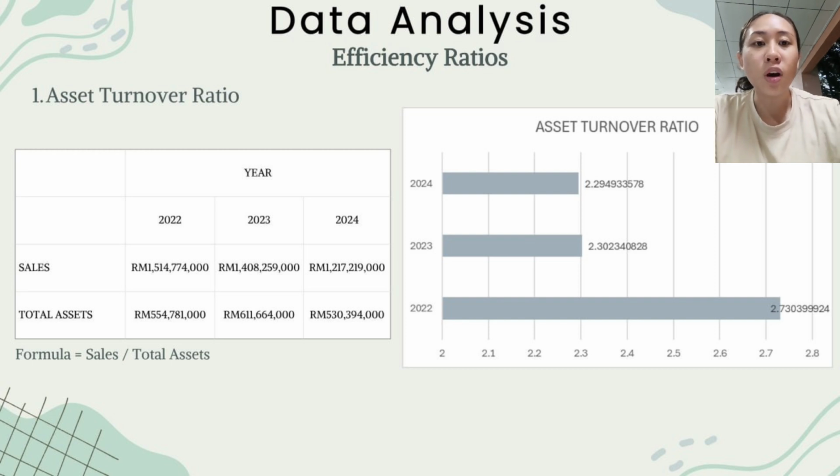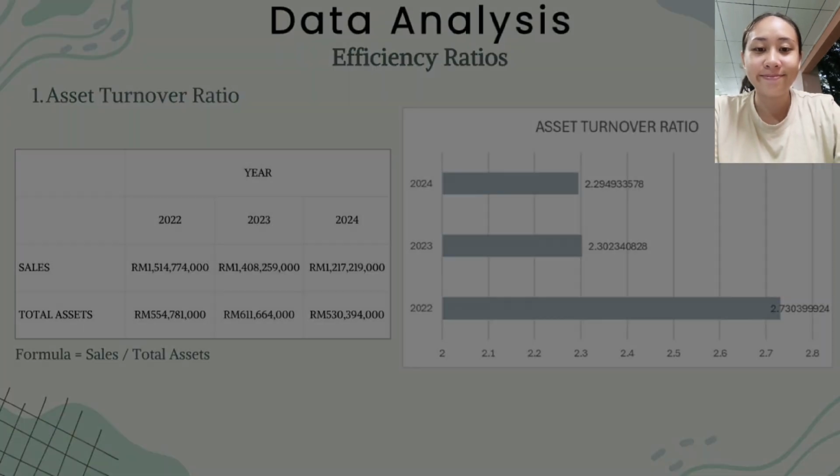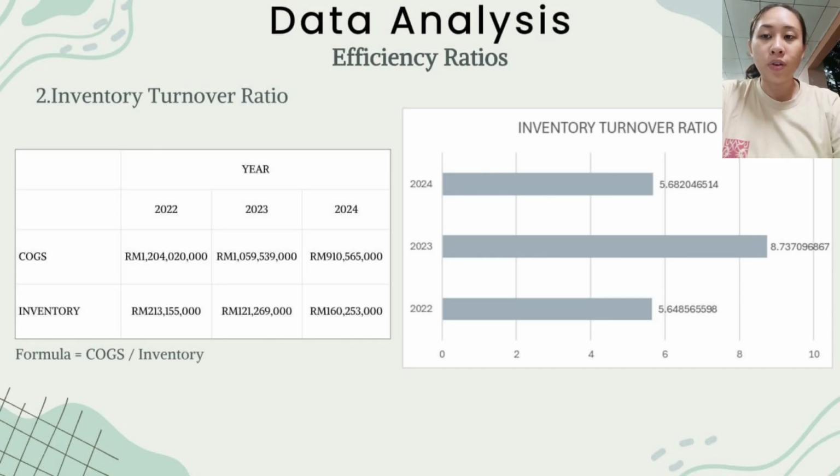For this ratio, a higher value is better because it means that more sales are generated per ringgit of asset. Comparing the 2022 until 2024 ratios, the highest asset turnover ratio is in 2022, amounting 2.73%.